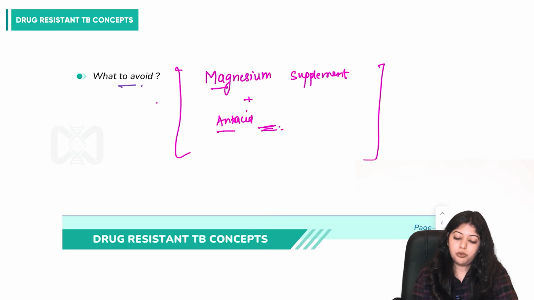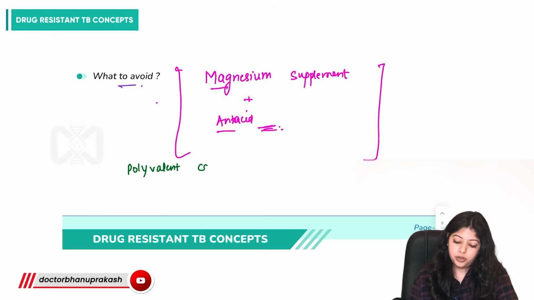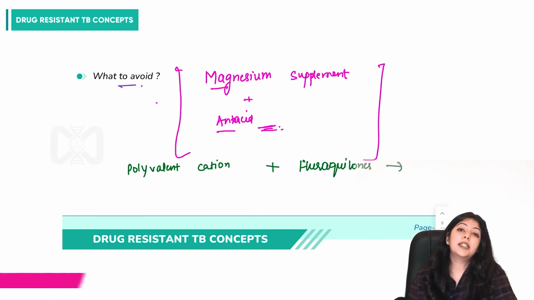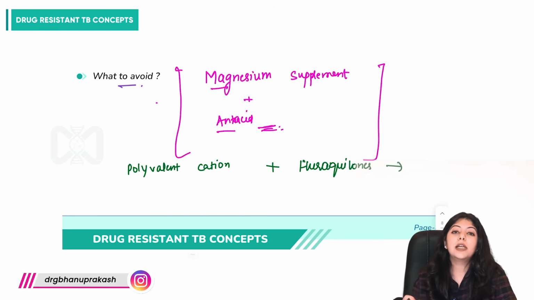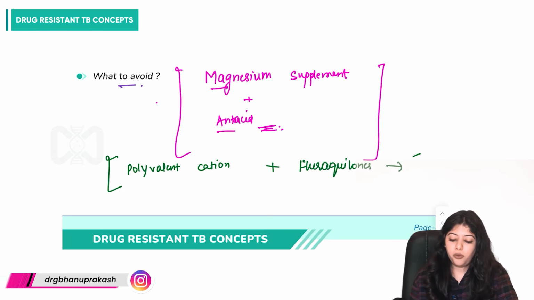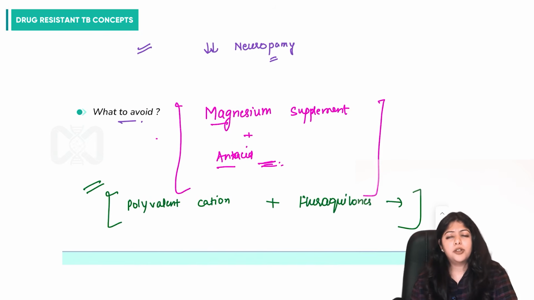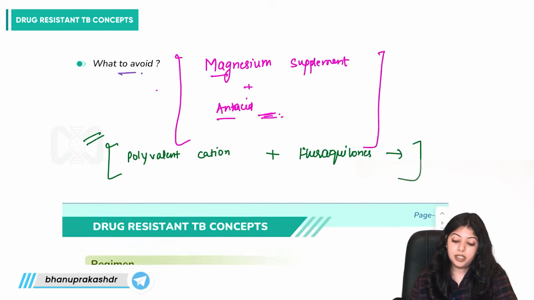Because magnesium acts as a polyvalent cation and it is going to bind to fluoroquinolones, forming chelate complexes, and it rapidly reduces the absorption of the antibiotics included in ATTs. So we are strictly going to avoid magnesium supplements, right? And of course everybody knows that these drugs have to be taken with food.